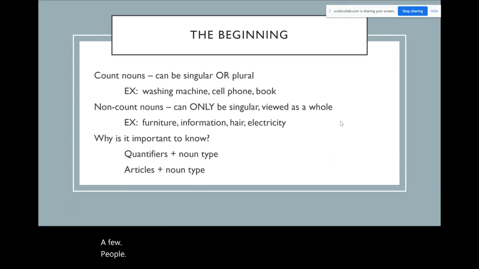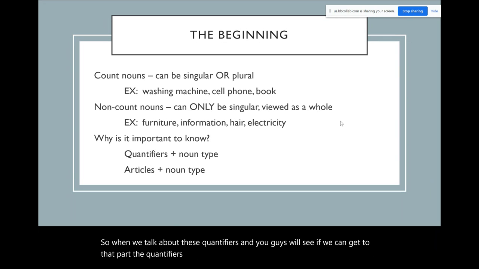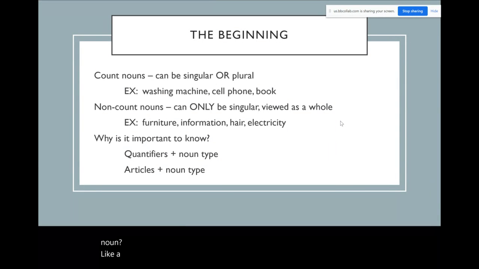So when we talk about these quantifiers, and you guys will see if we can get to that part, quantifiers sometimes have to match with a certain kind of noun. Like a few goes with the count, a few people, chairs. But other quantifiers like a little can only go with non-count. A little furniture, a little information.